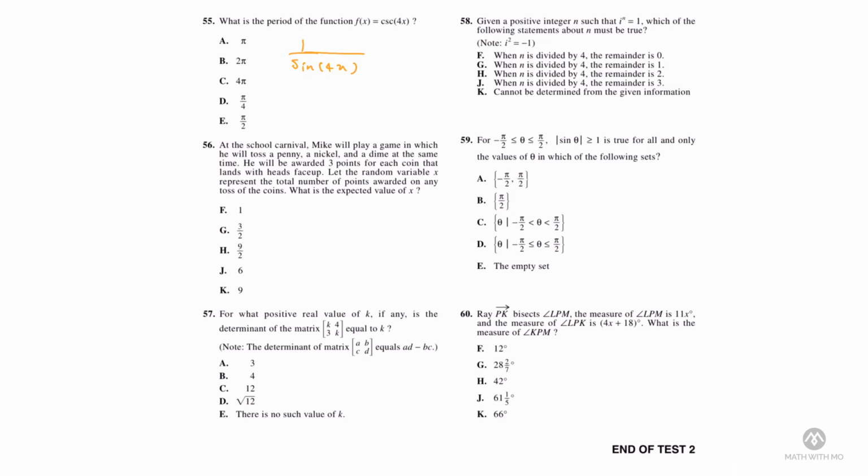So we know if you have 1 over sine x, the period of this is basically the period of the sine, which is 2 pi, right? Now we have 4x, so 2 pi over 4 is the period of our new function, which is pi over 2. That is the answer.